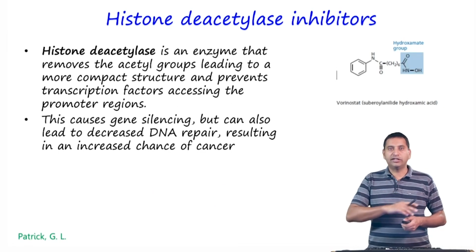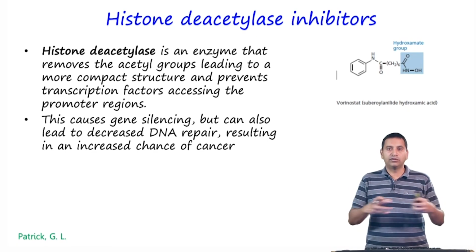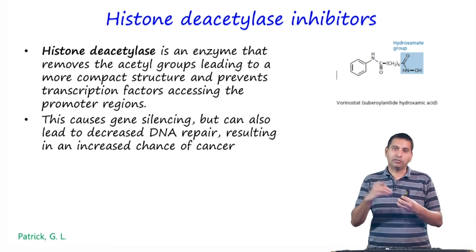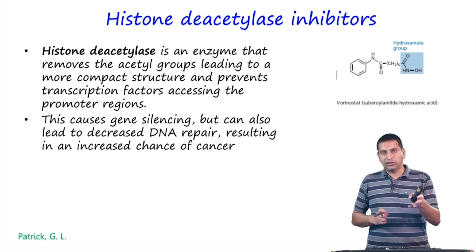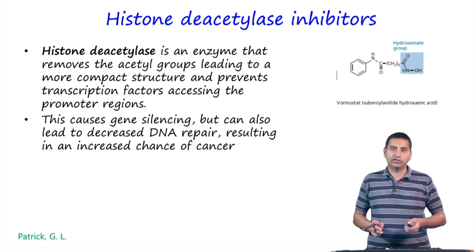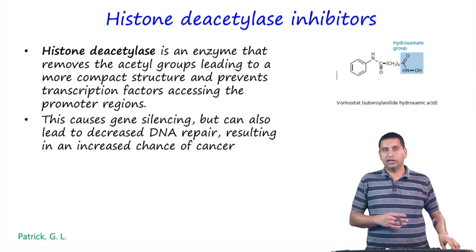Histone deacetylase, on the other hand, is an enzyme that removes this acetyl group. This leads to more compacting of the structure and prevents the transcription factor from accessing the promoter regions. This process causes gene silencing and can also lead to decreased DNA repair, resulting in an increased chance of cancer. So, histone deacetylase inhibitors are something that can be used to effectively target cancers.